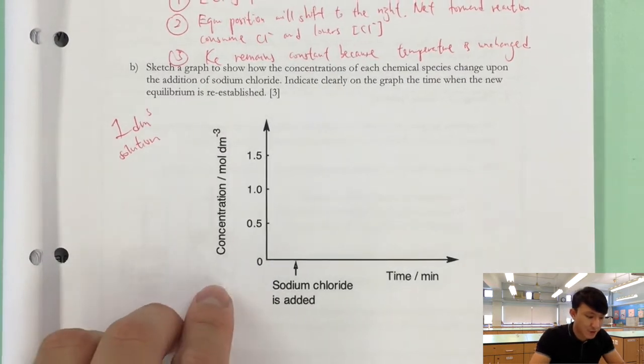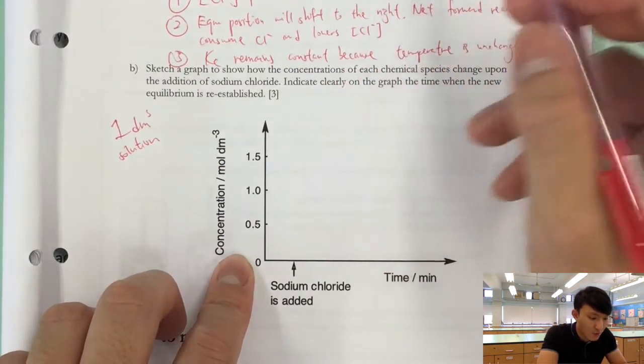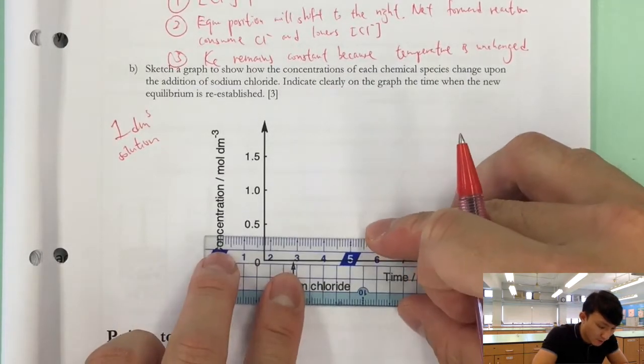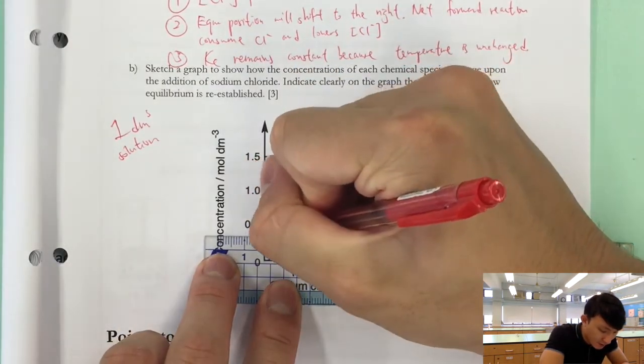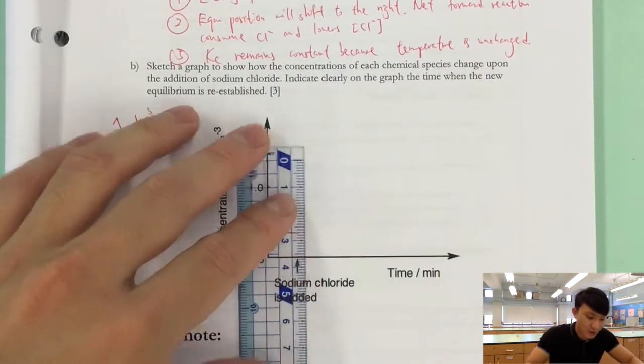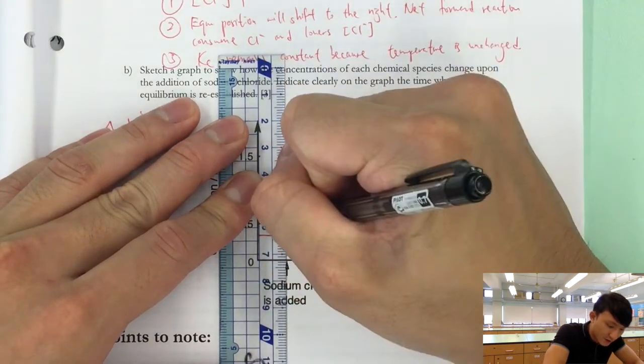Perhaps I will use, first of all, cobalt. Cobalt, I will use red, perhaps. So cobalt starts with 0.3, right? So 0.3 probably here. Okay, we can draw a reference line to help ourselves, because this is the part where the changes occur.